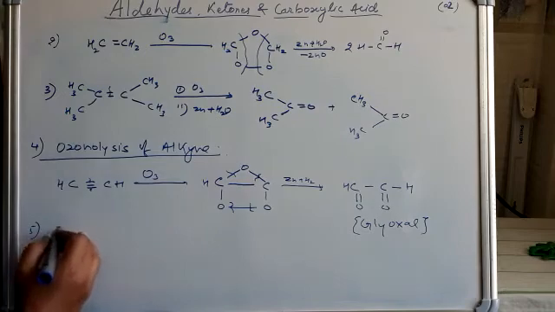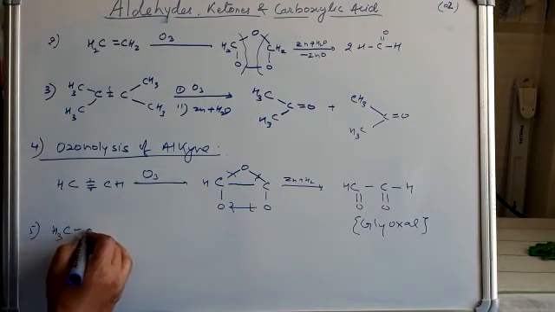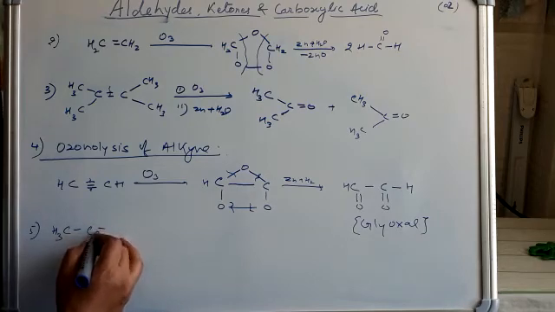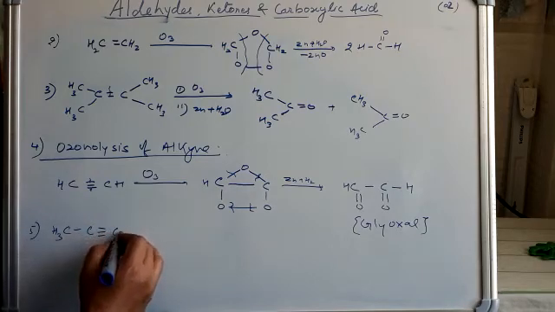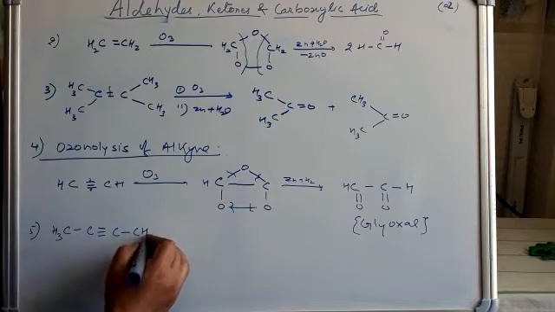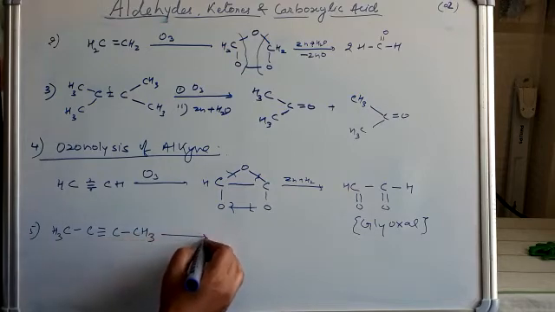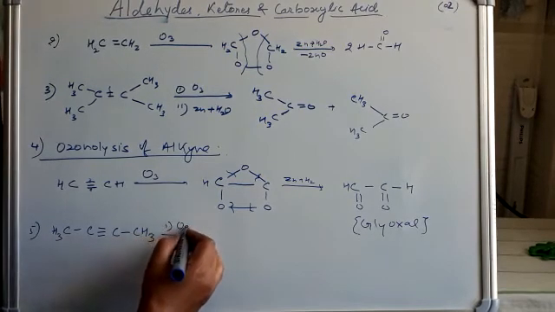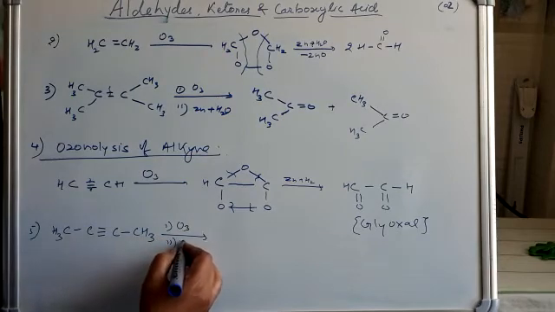And the last, preparation of aldehyde or ketone from the ozonolysis of alkyne. At first ozone is used and afterwards zinc plus water.